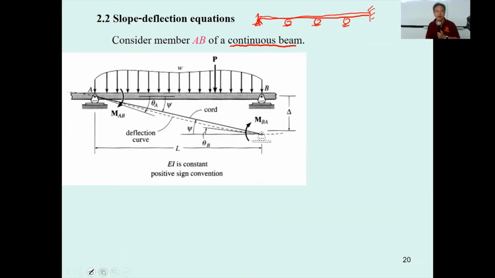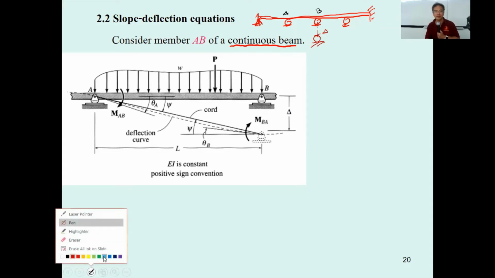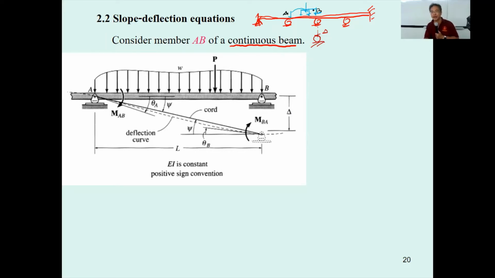For example, you may select this one as the A and this one as the B, and then you assume that the portion of this beam has the settlement, delta. Then you just consider this beam subjected to uniformly distributed load, which is called the external load, and a point load over here.